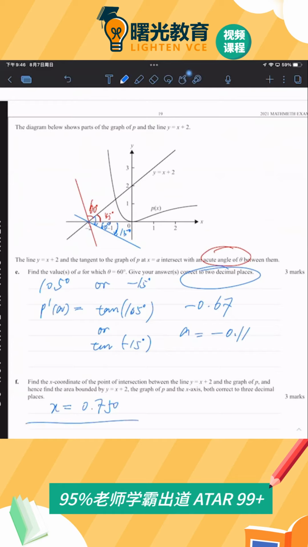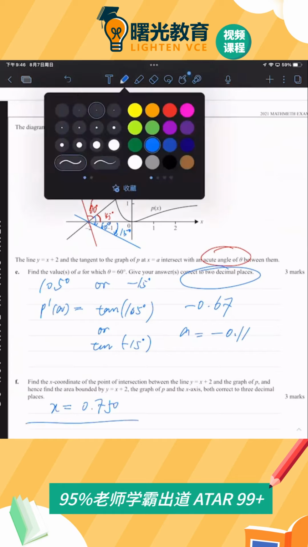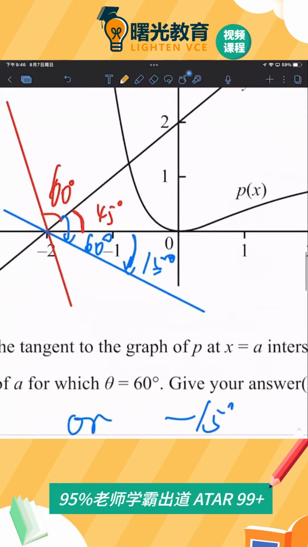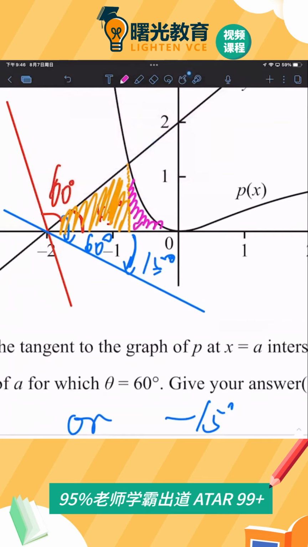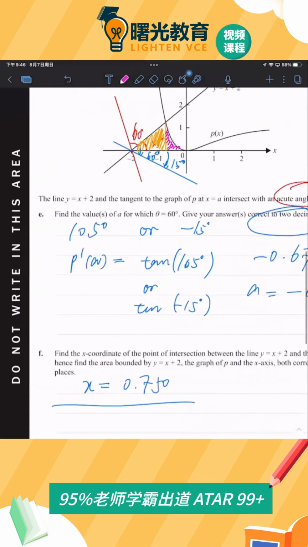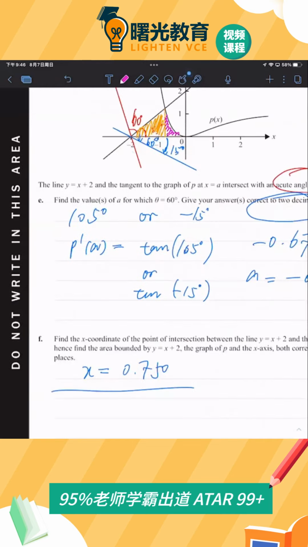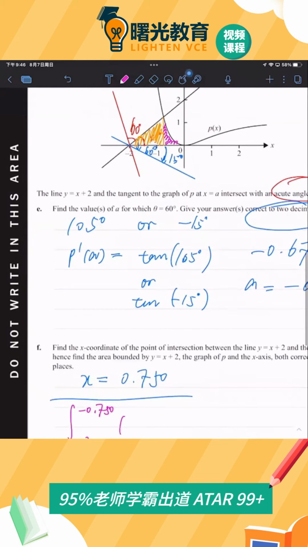And the second one, if we are looking for the area bounded by the graph, now we can actually cut the graph into 2 pieces, the orange part and the pink part. So the orange part, you can work it out as a triangle, or from negative 2 to negative 0.750, and then x plus 2 with respect to x.